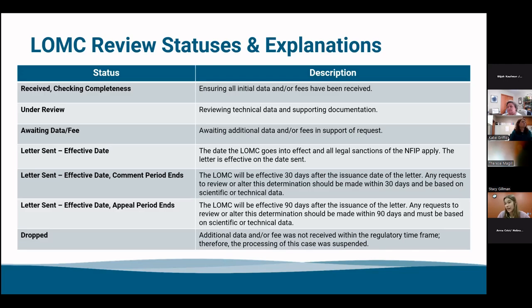There'll also be, after that comment period, an appeals period, which again has to be backed by scientific or technical data, and that appeals period is typically 90 days. And then another status that could be seen is being dropped. So if additional data or fee was not received within the regulatory timeframe, processing of that case would be suspended.